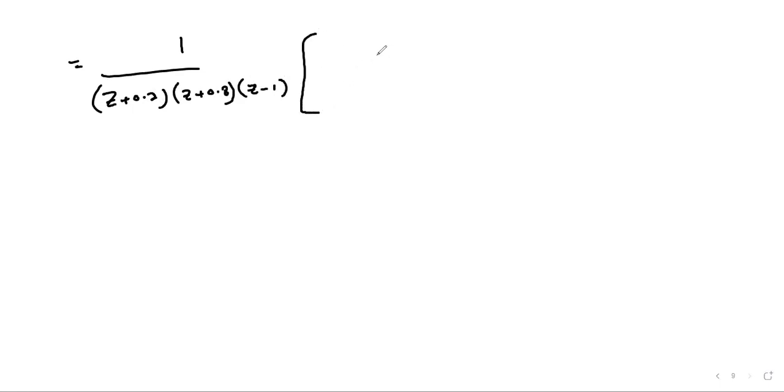The first term will give us Z squared plus 2, and then we'll have minus Z squared plus 1.84, multiplied by Z.